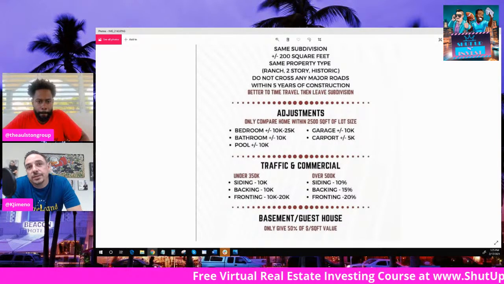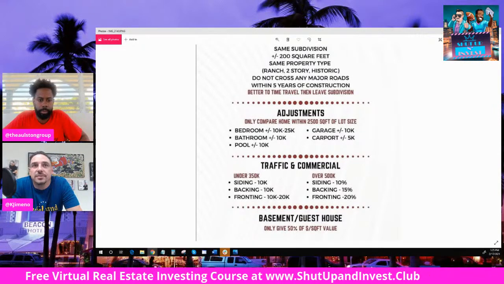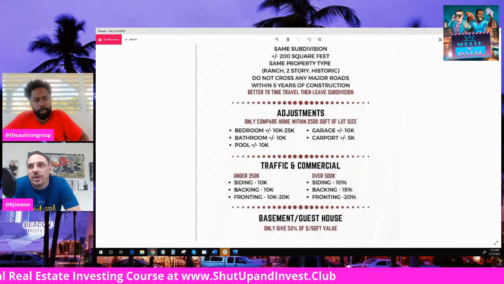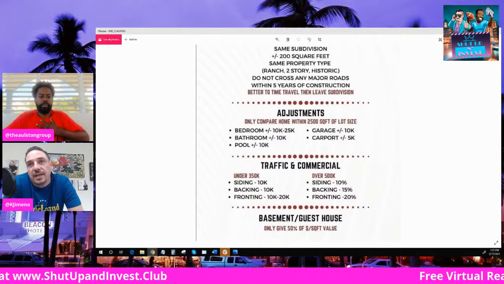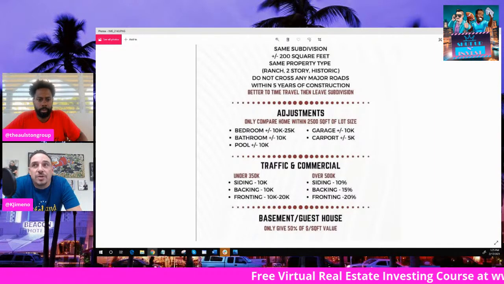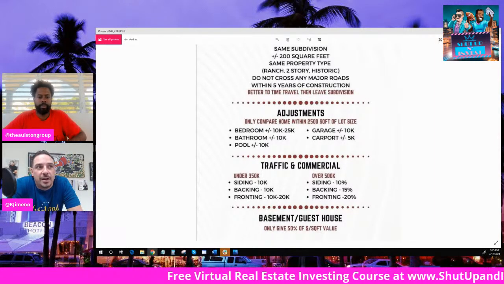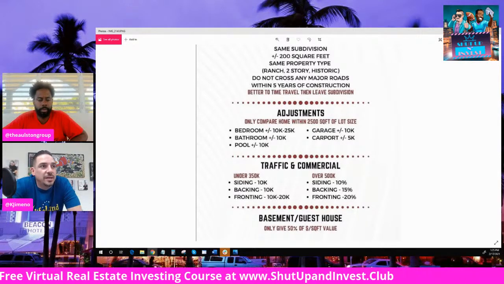A pool, depending on your area, I've seen it between 10 and 15,000. So a pool, I would say 10,000 in your smaller markets, 15,000 in your bigger markets. If it's a huge luxury pool and you're comping in the luxury space, these numbers are a little different.